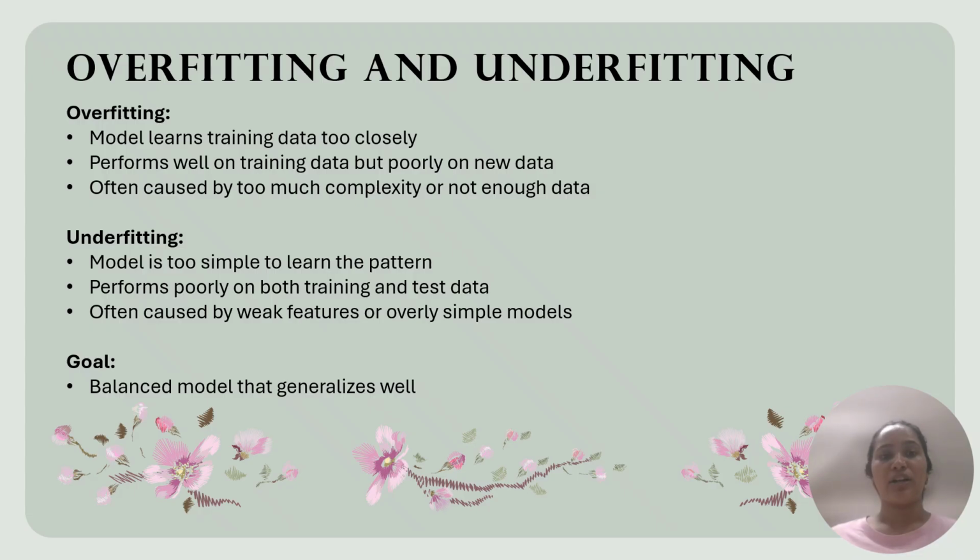We want a model that learns the important patterns in data without memorizing unnecessary details. Such a model is said to generalize well, meaning it performs accurately on both training data and new, unseen data. Achieving this balance is one of the key objectives of model training, optimization, and hyperparameter tuning.